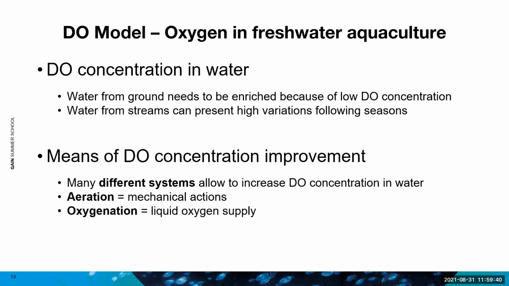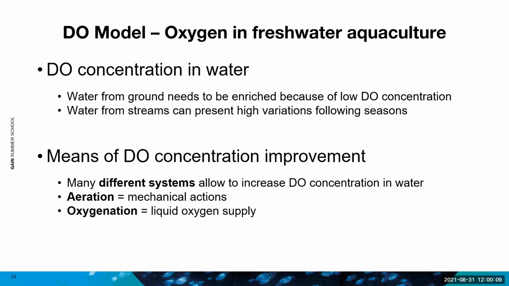If we think about how we can improve the oxygen concentration in the water, you have many different systems that allow it. I would briefly say that we can think in terms of aeration, which is a mechanical action, like moving water in order to use the oxygen of the atmosphere to enrich the water.